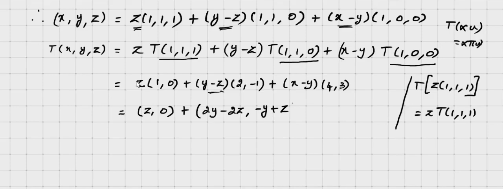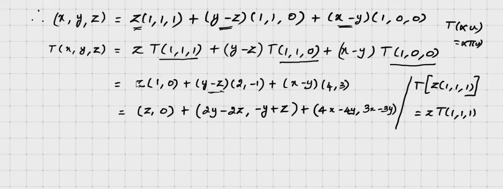Then the last one is this x minus y will be multiplied with 4, so that I will get 4x minus 4y, comma, the same quantity is multiplied with 3, so that I will get 3x minus 3y.